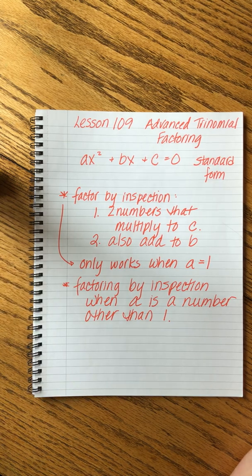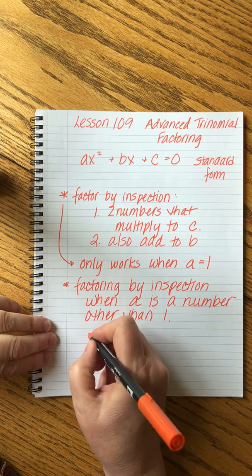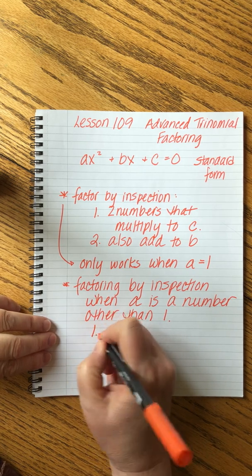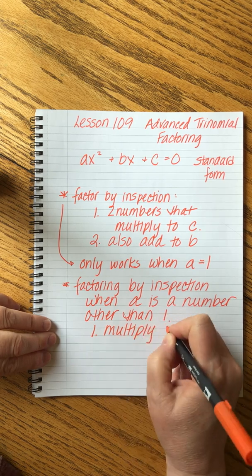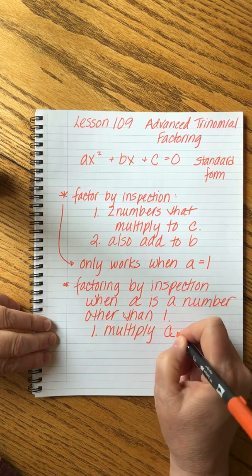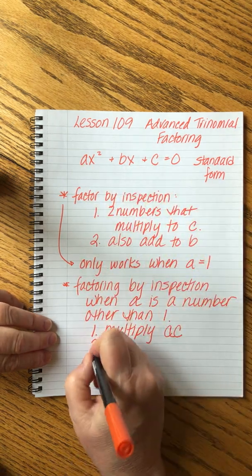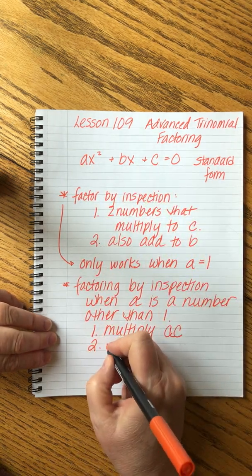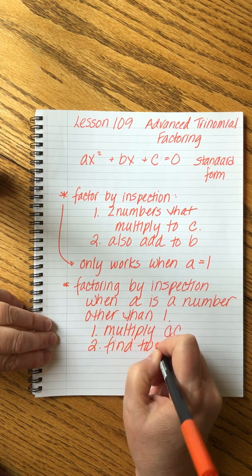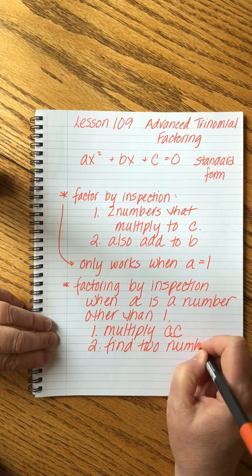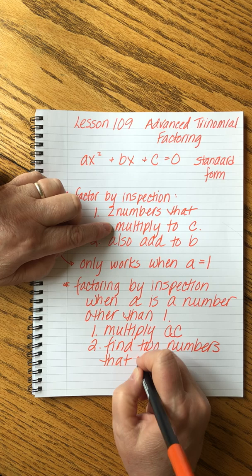Okay, so we still have these steps, but we're going to add 1 before it. So I'm going to call that the new step 1. And what we do is we multiply A times C. We multiply these two together. Then we find two numbers that multiply.